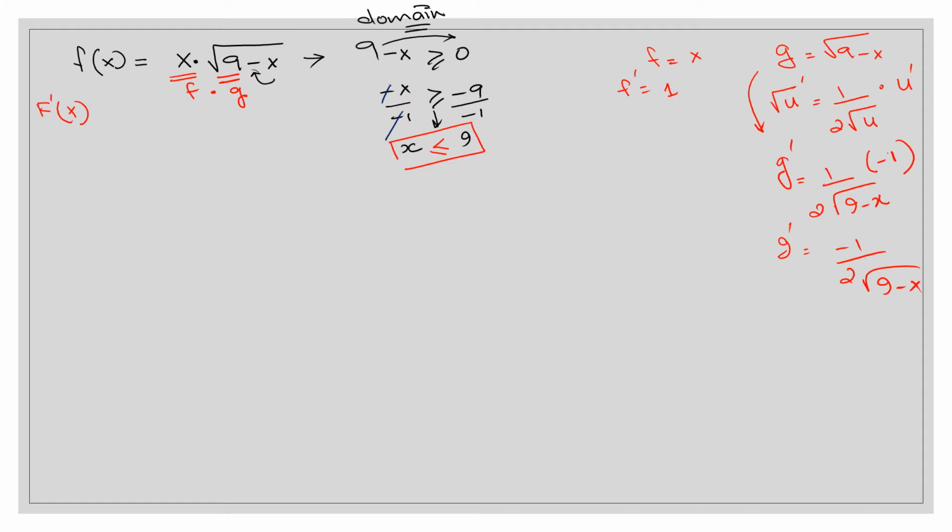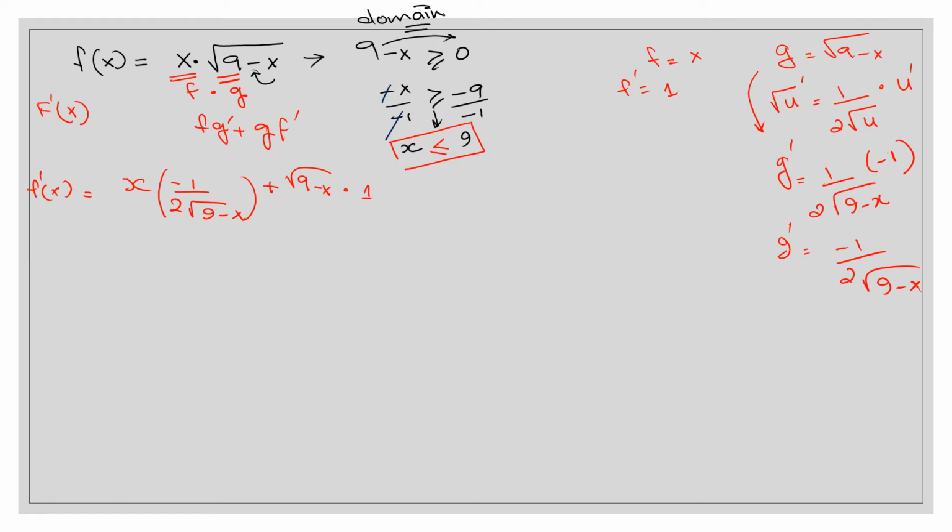Come to the other side to solve this question. So our formula is f g prime plus g f prime. So the first derivative will be f, which is x, times g prime, that is negative 1 over 2 square root 9 minus x, plus g, that will give you square root of 9 minus x, and f prime is 1.